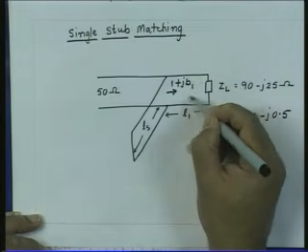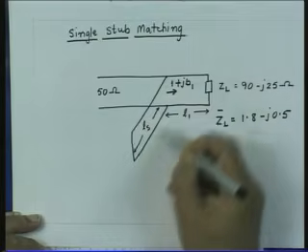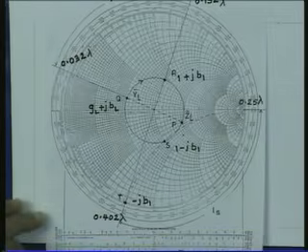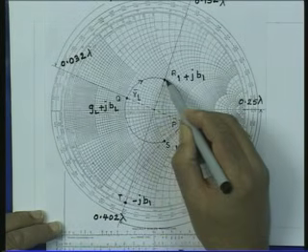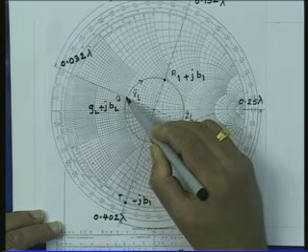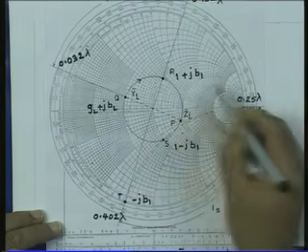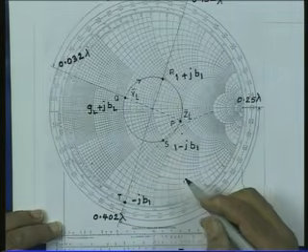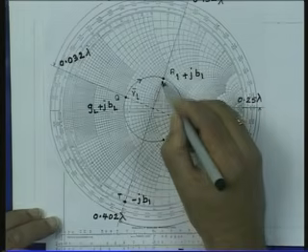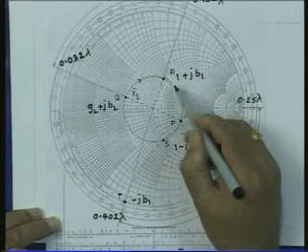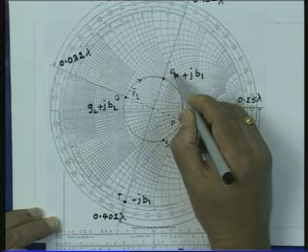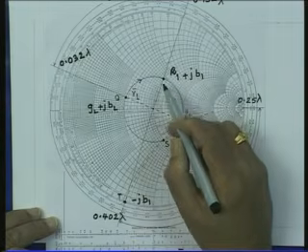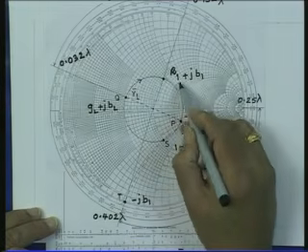Whatever is the susceptance part, you cancel out by placing a stub in parallel with the main transmission line. So, here first we move on this constant VSWR circle up to a point where this constant VSWR circle intersects the constant conductance G equal to 1 circle. So, this point is R. The admittance corresponding to this point is 1 plus jB1.